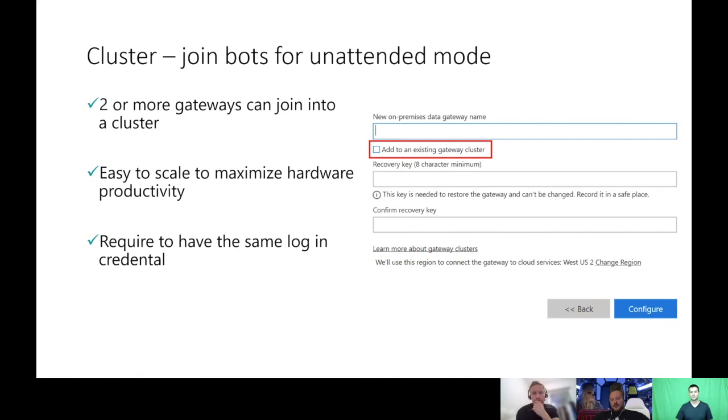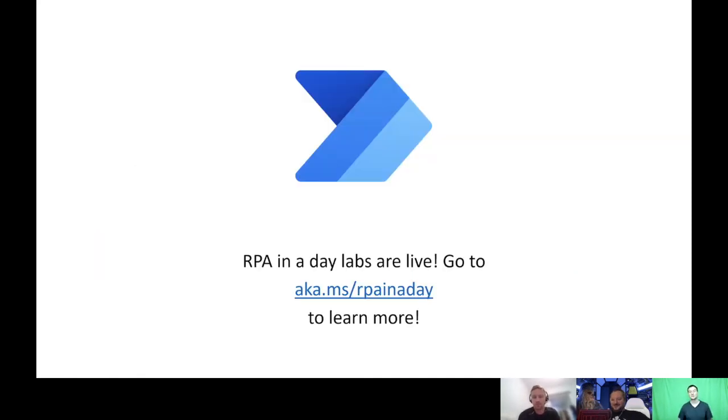All right. Just one last piece of information. If you'd like to start onboarding yourself or the company with RPA, with Microsoft RPA, then I highly encourage you to go to aka.ms/RPA in a day. That is the community-driven, Microsoft-supervised effort, let's say, where you can download the labs, applications, and all the instructions around these labs and training materials.